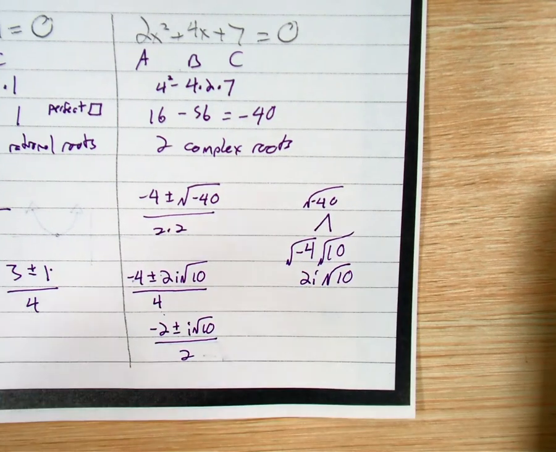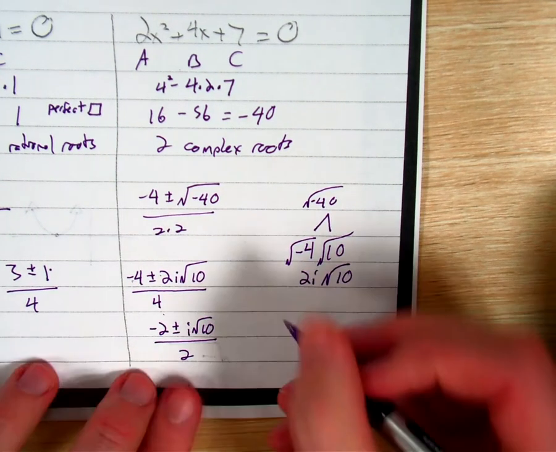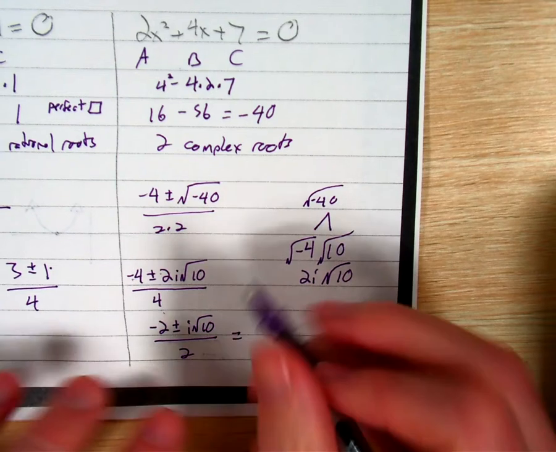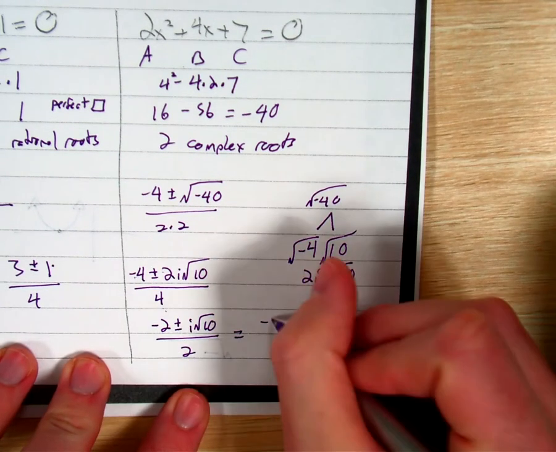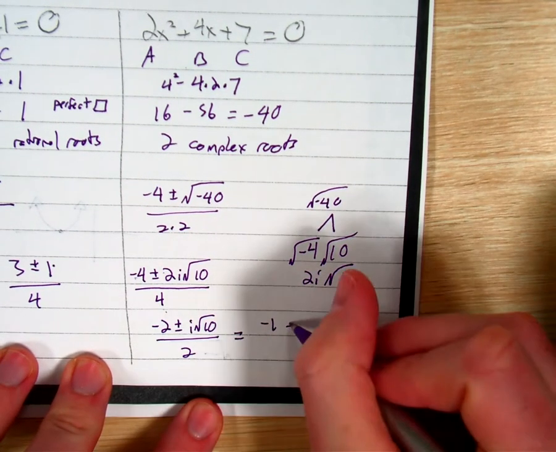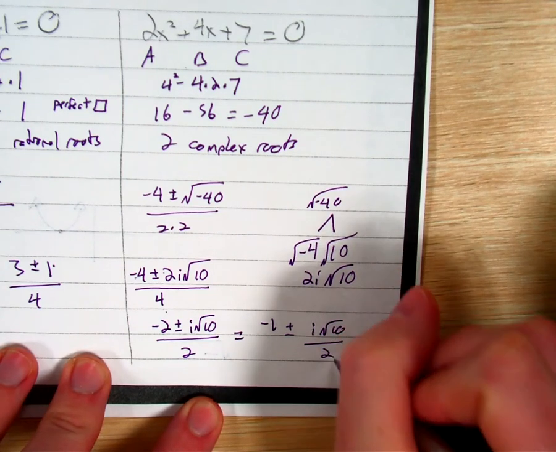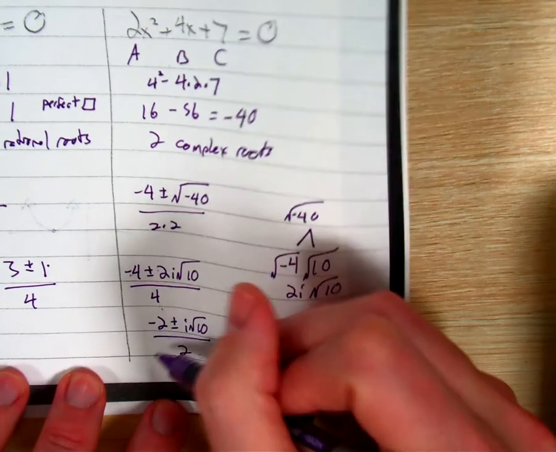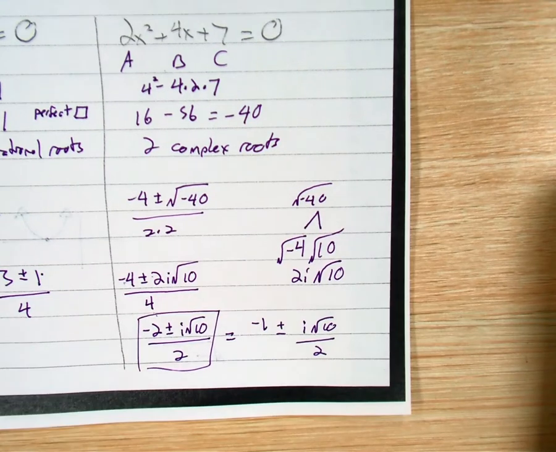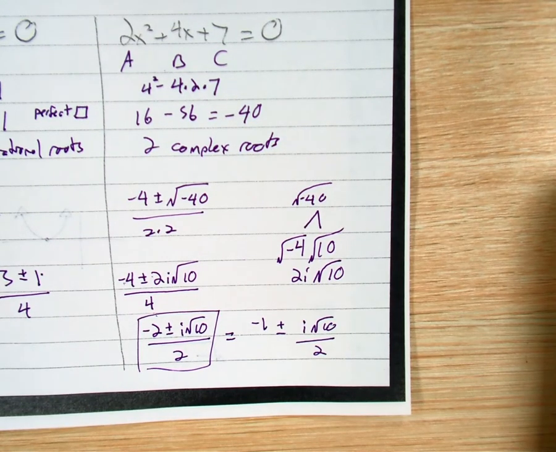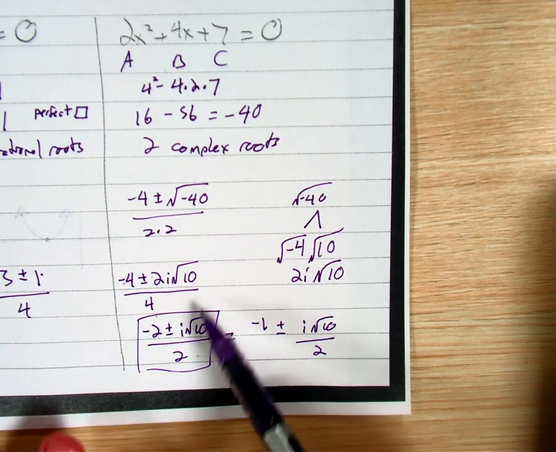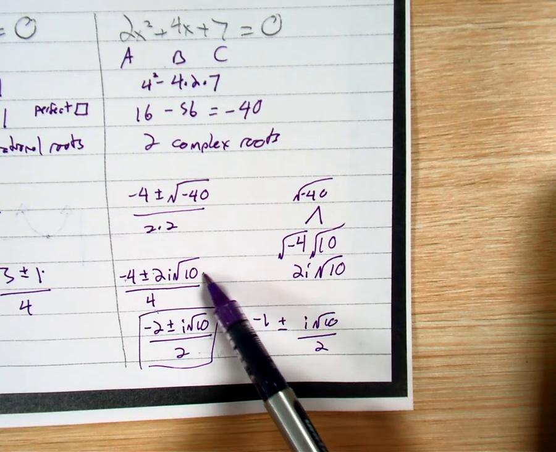That's where I would stop, because I think that looks nicer. The book would probably break it up separately. You do negative 2 over 2 for negative 1, and then this over 2. But I don't think that looks very good. I like this one better. But either one is right. If you left it here, that might be like a minus a half on a quiz or a test.